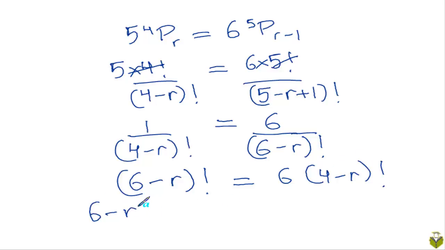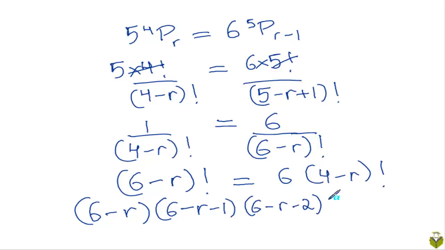So it is (6 minus r) into (6 minus r minus 1) into (6 minus r minus 2) factorial, right? These are just properties you have learned in factorial notation. I'm just using them.